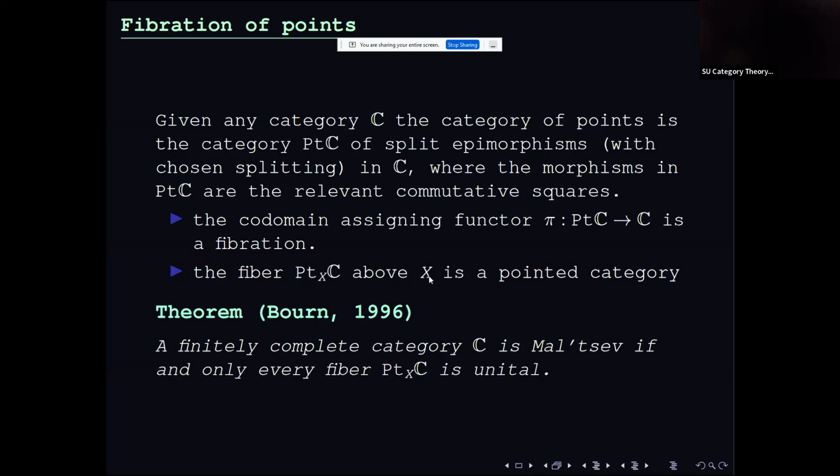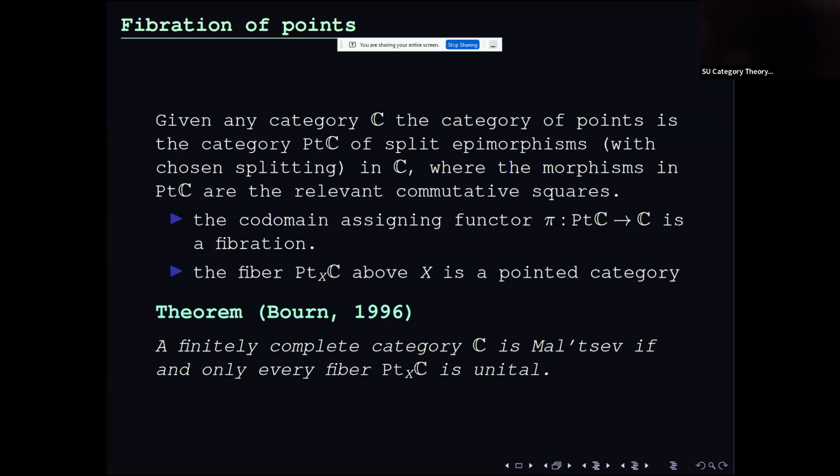And there's a codomain assigning functor, and then the fiber above any object of that functor is called the category of points of a specific object. So the fiber above X with respect to this functor is just the category of points. You don't really need to know what it is, but for the purposes of this talk, we can think of it as a very general concept where to every object in the category, you can associate a pointed category.